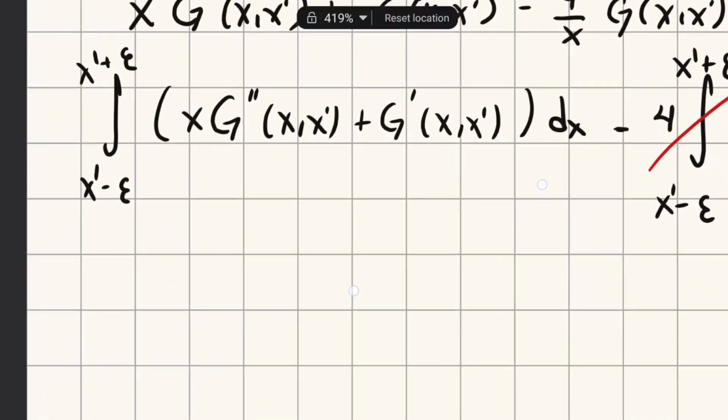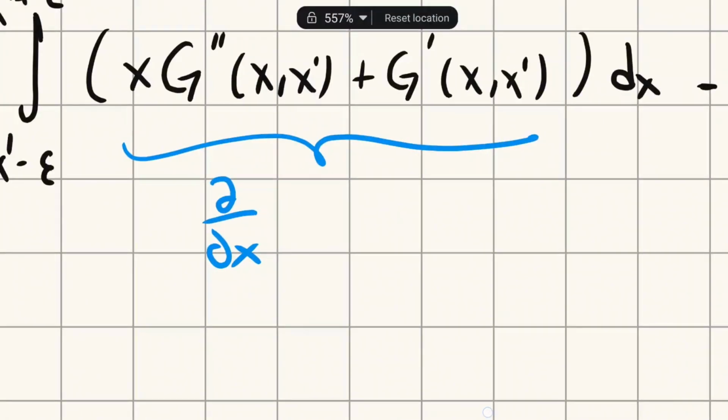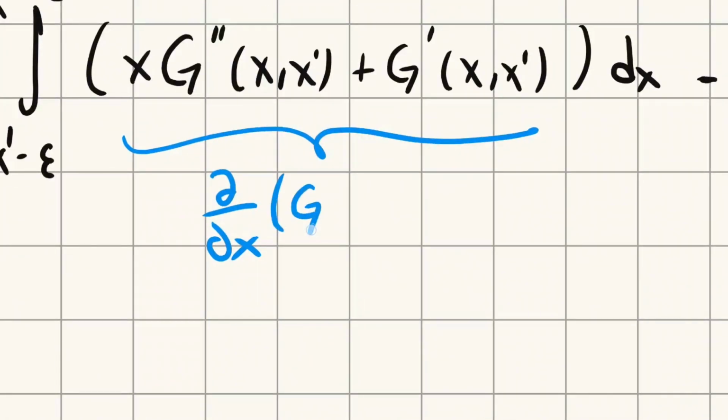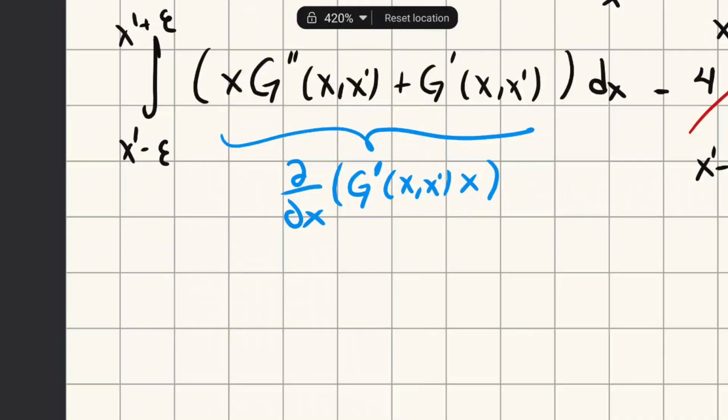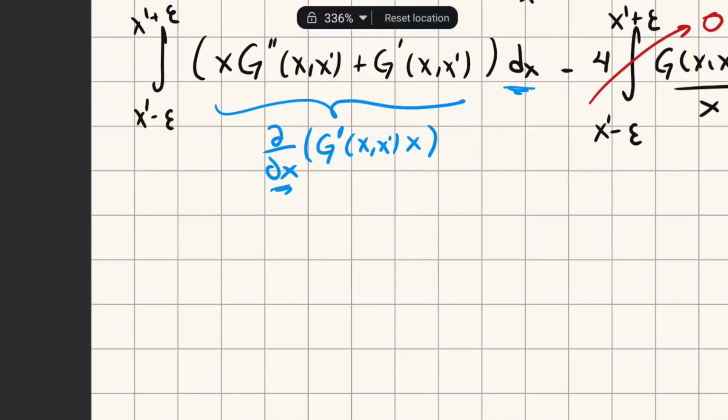And from here, it's easy to see that this piece can be seen as the derivative with respect to x, or in this case, actually the partial derivative with respect to x, because g is a function of two variables, of x times g prime. Okay? And noticing that this integral is of the variable x and this derivative is of the variable x, we know that we can cancel the derivative with the integral.